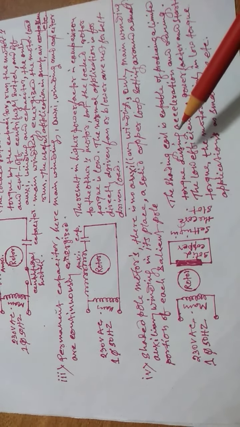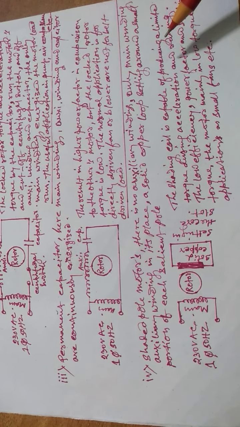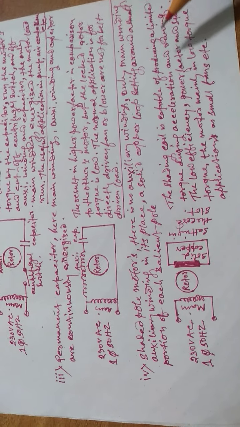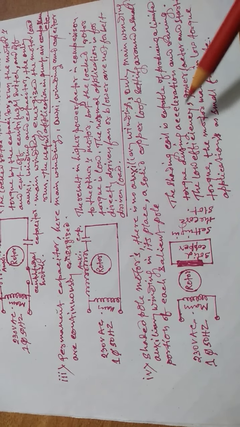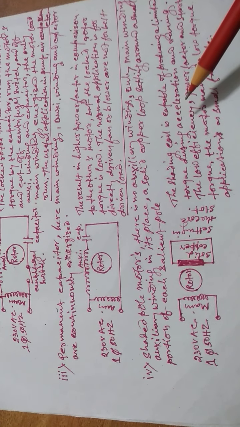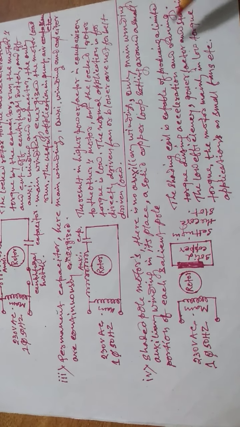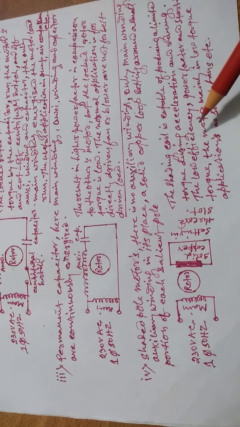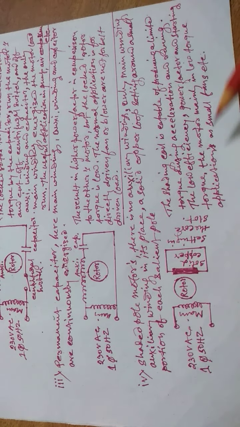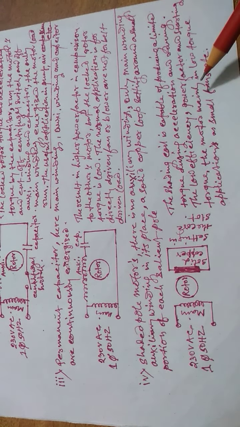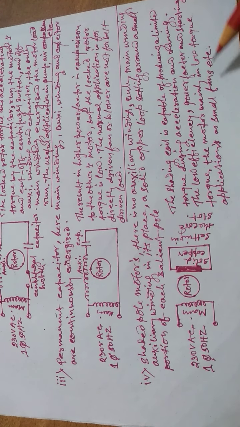This shading coil is capable of producing a limited torque during accelerating and running. It has low efficiency, power factor and starting torque. The motor is mainly used in low torque applications, such as small fans.